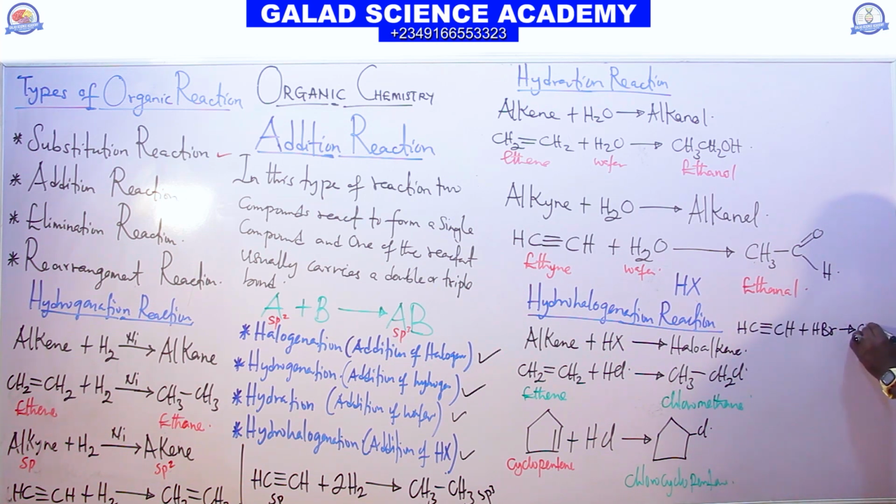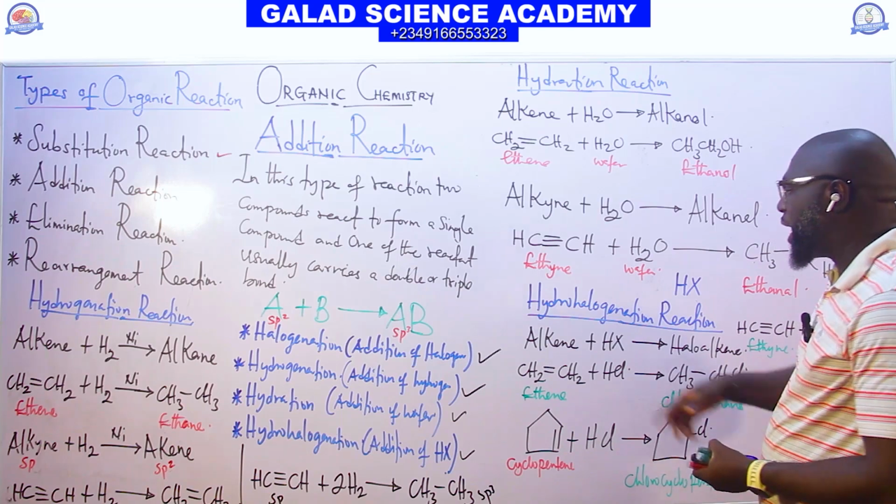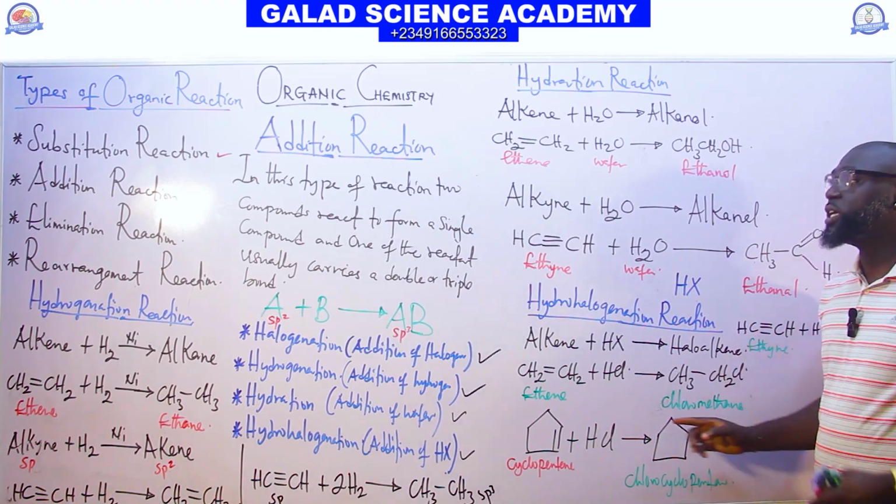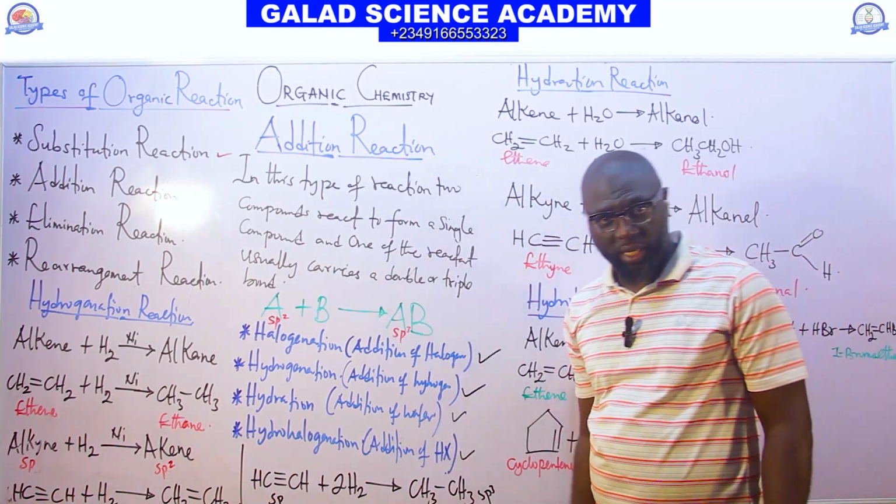We have CH2 double bond CHBr. The product gives you bromoethene. So that is the common example of the hydrohalogenation reaction under addition reaction.